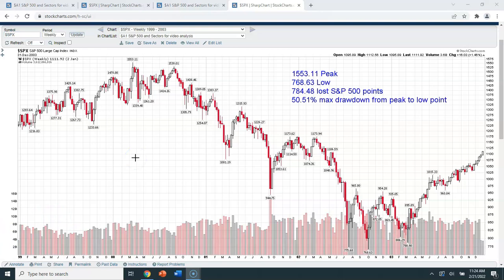Okay, so here's what we know. We're looking at the 2000 through 03 bear market, and we peaked at 1553.11 right here in 2000. The low of the entire downturn was 768.63. That's the low point, and that was in the latter part of September, beginning of October of 2002. So with a 1553.11 peak and a low point of 768.63, we lost from here to here 784.48 S&P 500 points.